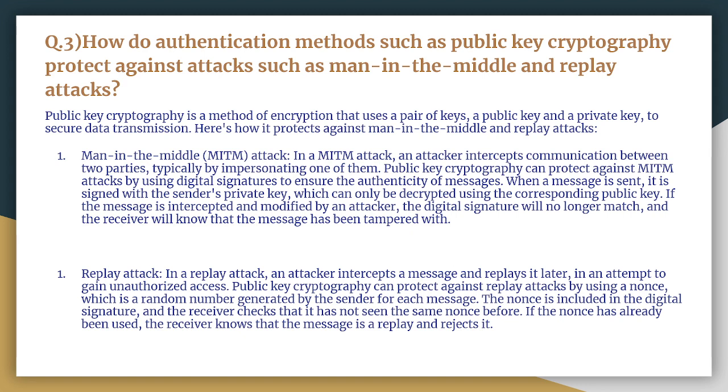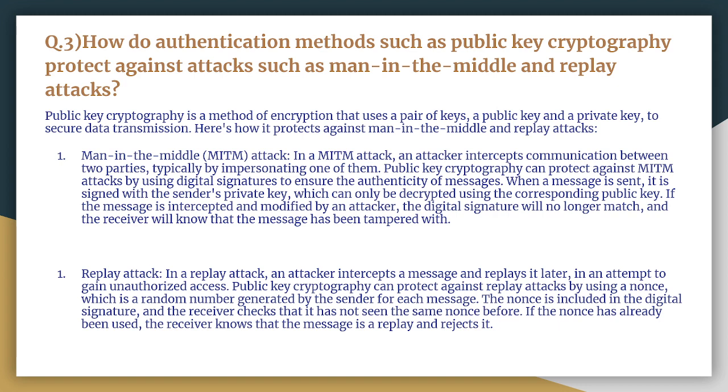Man in the middle attack. In a man in the middle attack, an attacker intercepts communication between two parties, typically by impersonating one of them. Public key cryptography can protect against man in the middle attacks by using digital signatures to ensure the authenticity of messages.